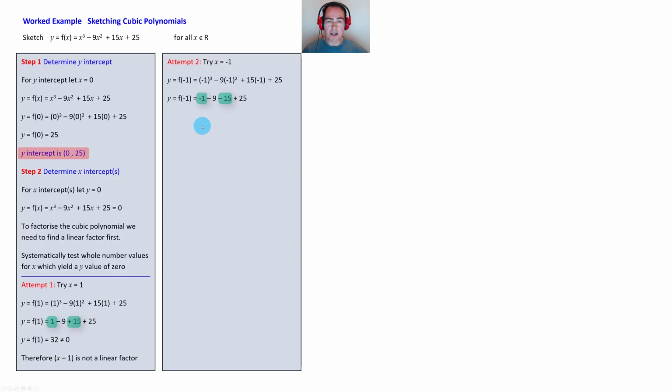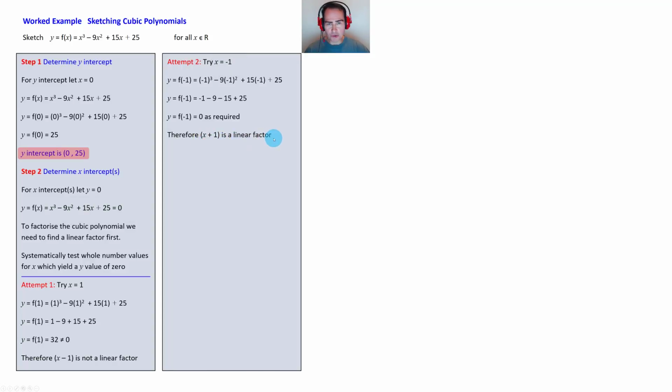Recognizing this pattern allows us to save some calculation effort when trying multiple values. We see that these values do add to 0 as required, and therefore -1 is a solution and therefore an x-intercept. But in order to obtain all the possible x-intercepts, we say therefore x plus 1 is a linear factor.